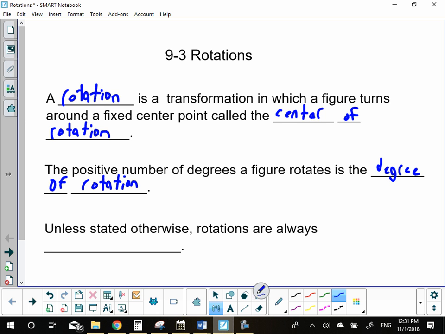And the next part is the important part. Unless stated otherwise, rotations are always what direction? Counterclockwise. It's always going to be positive rotation. Remember that.